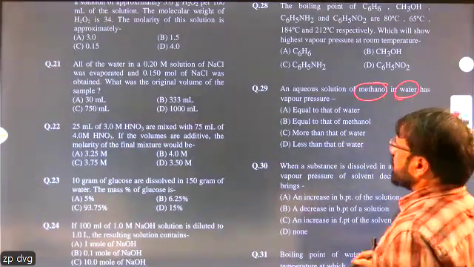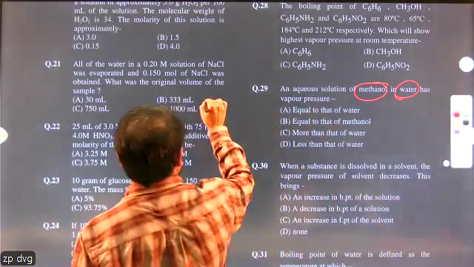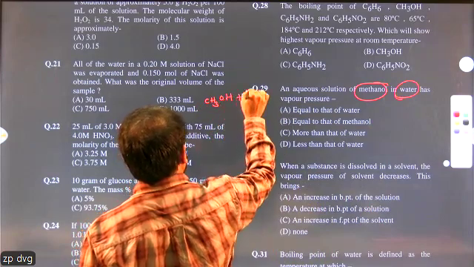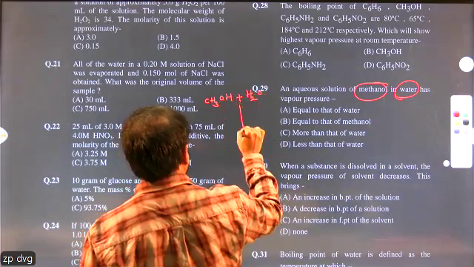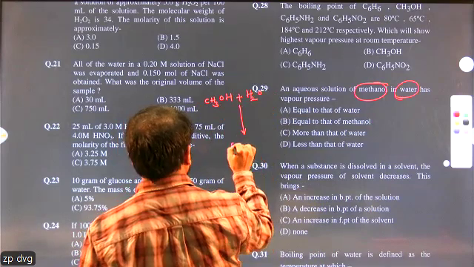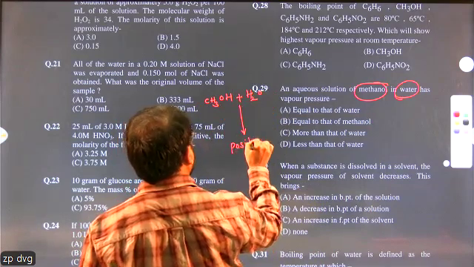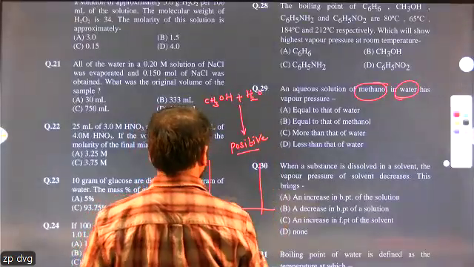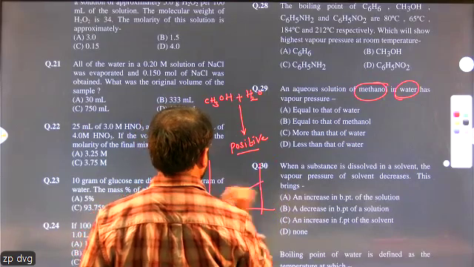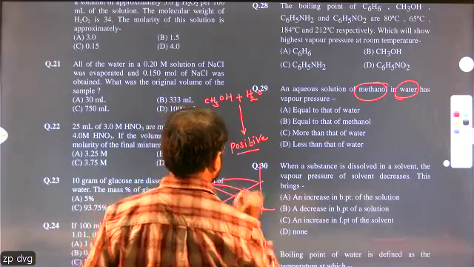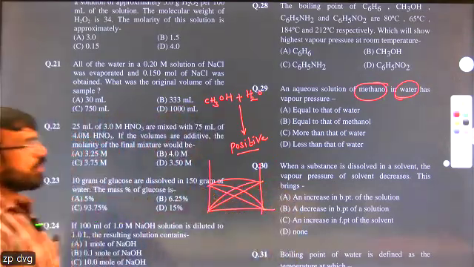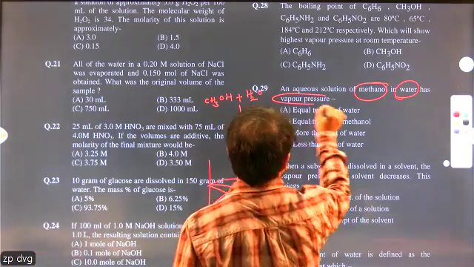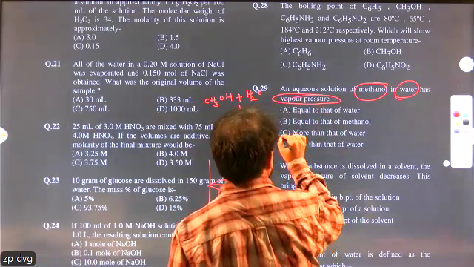Alcohol and water mixture can produce a solution, and that solution is going to show positive deviation from Raoult's law. So therefore, the vapor pressure of the solution is more than that of water.